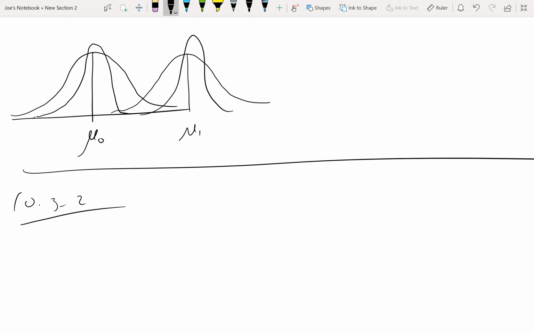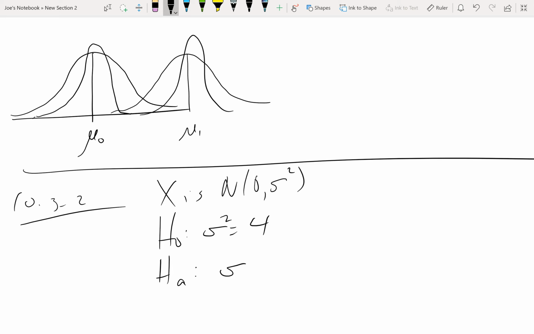We have that x is normal with mean 0 and variance sigma squared. We want to test the variance is 4 against the variance is 16. And that's what the problem says that we want to do.